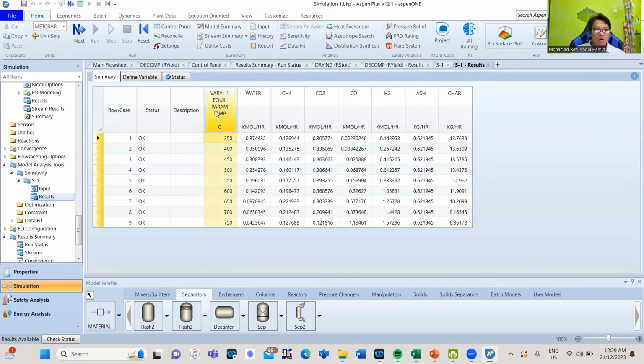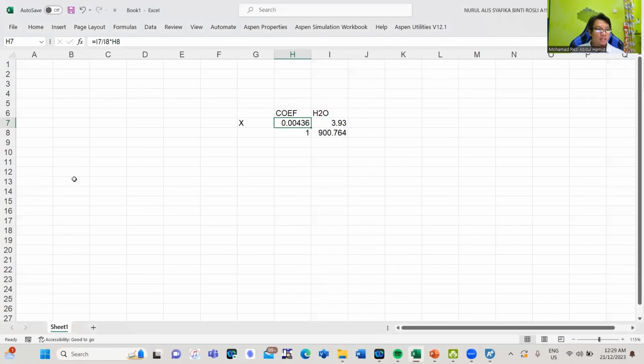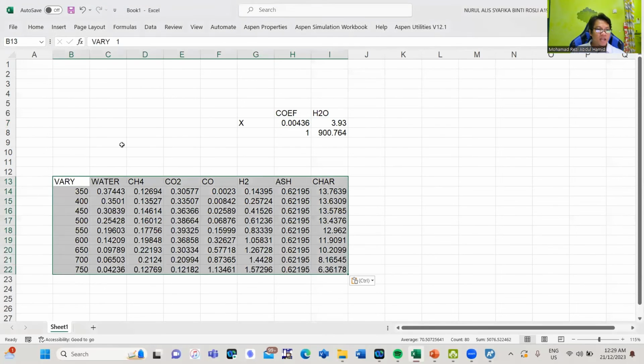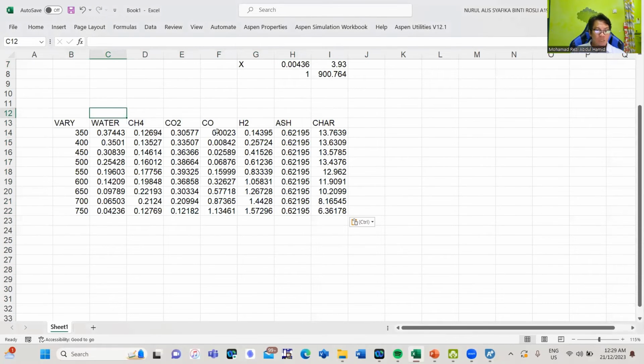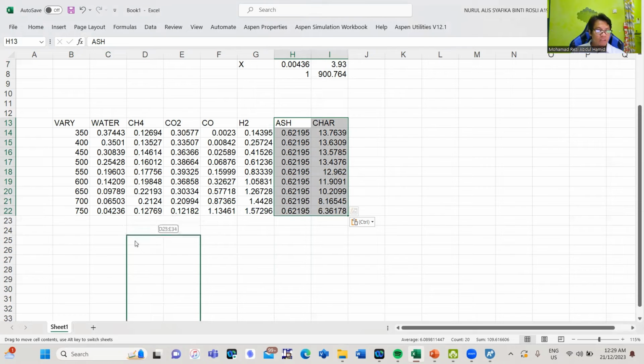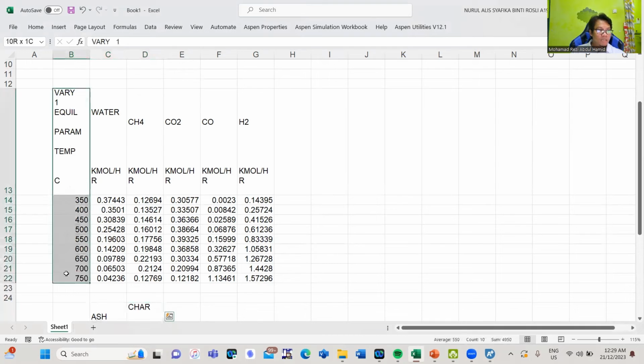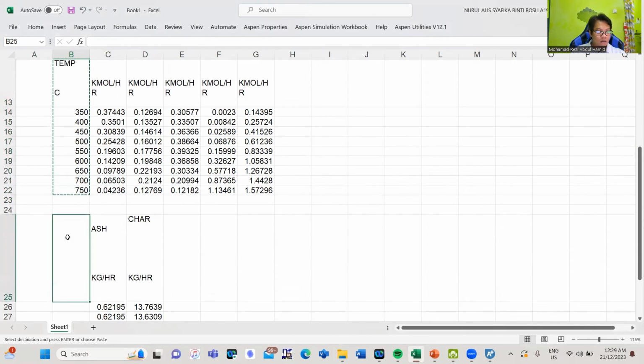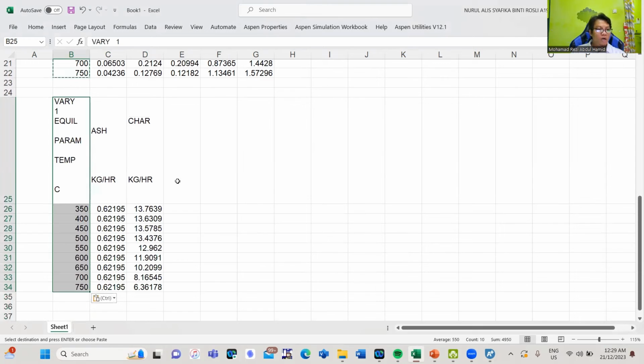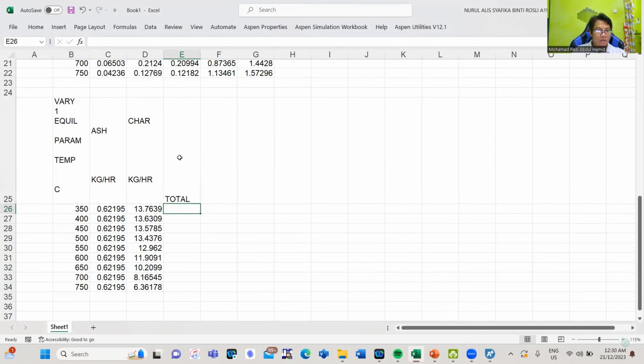What I'm going to do is copy all of this. Right click, copy. I'm going to paste it in Excel, paste values. So these are all of it. As you can see, these are char and ash. What I will do is put maybe here, I guess. And then temperature, I'm just going to copy. So here I will write down total, which should be this one plus this one.